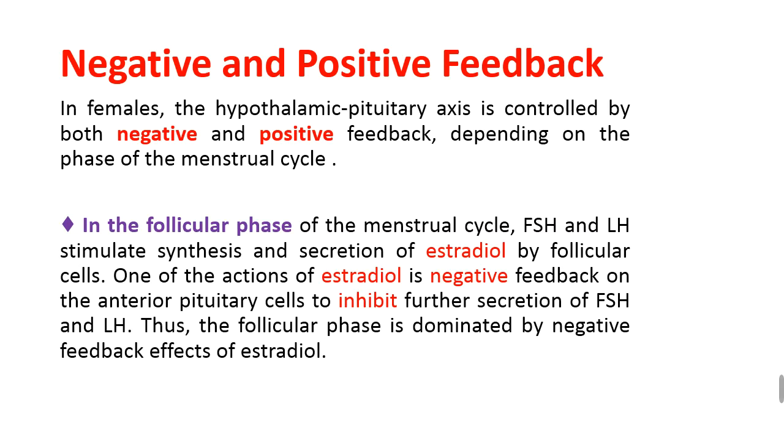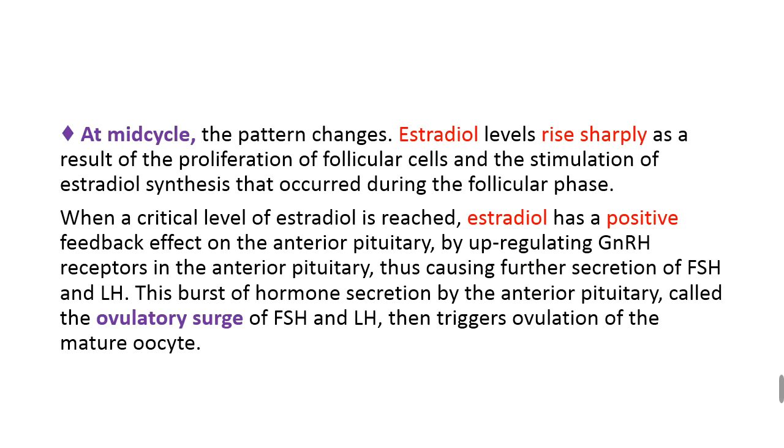In the follicular phase, FSH and LH stimulate synthesis and secretion of estradiol by the follicular cells. One of the actions of estradiol is a negative feedback on the anterior pituitary to inhibit further secretion of FSH and LH. Thus, the follicular phase is dominated by the negative feedback effect of estradiol.